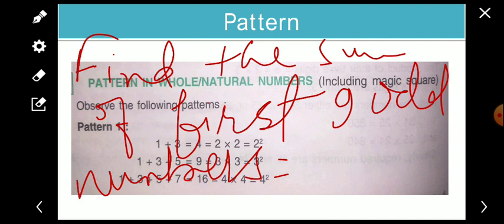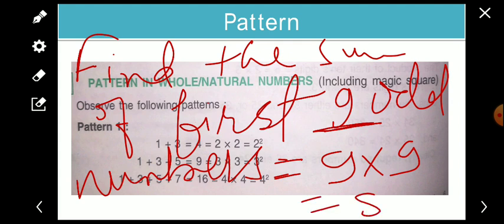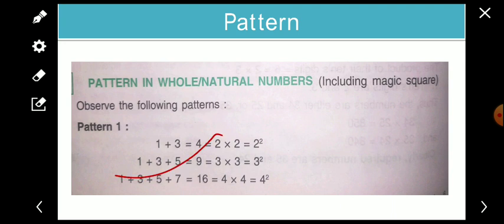But in place of that we can do one more thing. How many numbers are there? 9. First 9 odd numbers are there, so we will get 9 into 9. So we'll get 81. Without adding, we can get the value like this. So it is very easy to find out the sum of first few odd numbers. I hope that you have understood this.